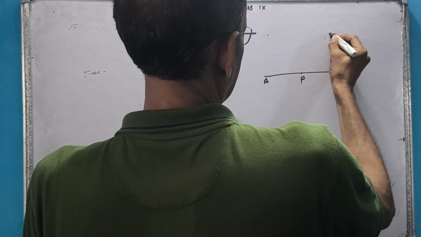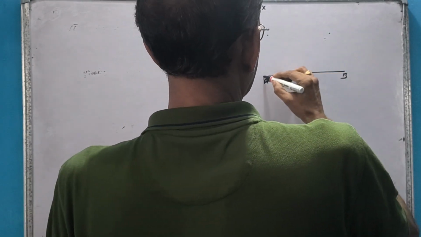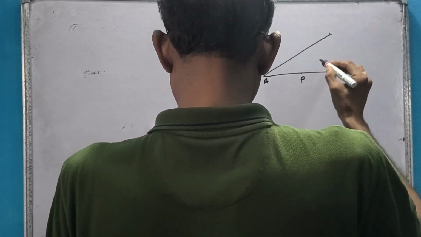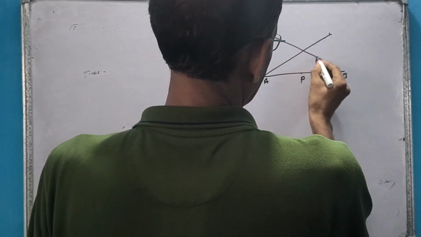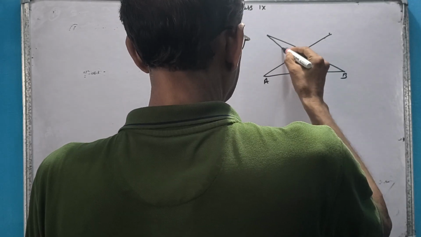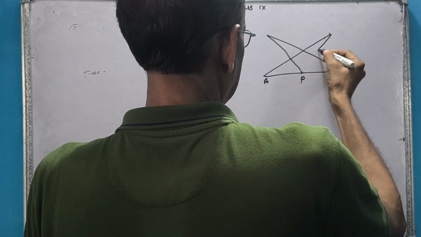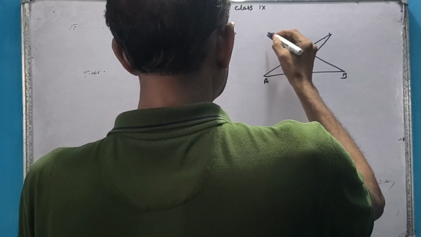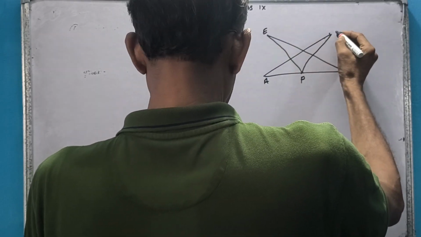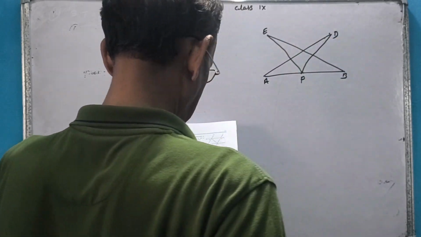Take the points D and E here. Join AD and join BE. Then join EP and DP also. This point is E and this point is D.